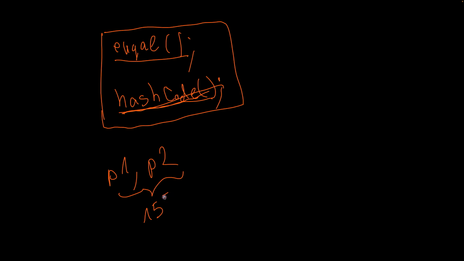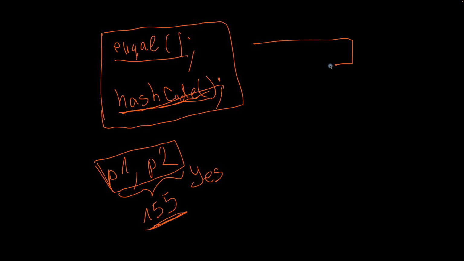They can ask you, can we have two different objects with the same hash code? And you should say yes, we can, and you can explain this. We have the thing with the bucket here. If we have a collision, we have two entries here. Here is the same hash code.